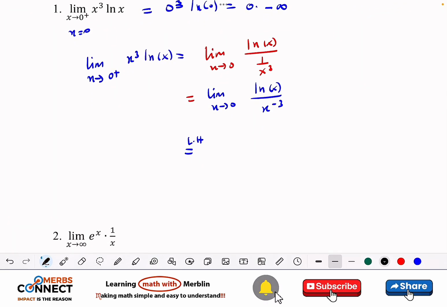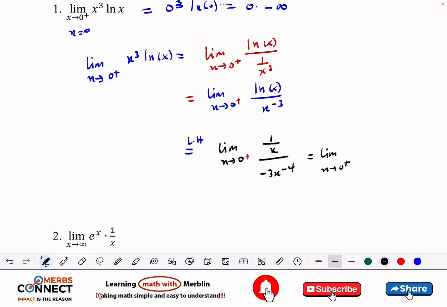When I differentiate ln x, I'm going to have 1 over x, divided by, when I differentiate x to the power minus 3, minus 3x to the power minus 4. Is that right? Yeah, that's true. Don't forget this is from the positive side. Good. So let's try and simplify this, and we are going to have the limit as x approaches 0 from the positive side.